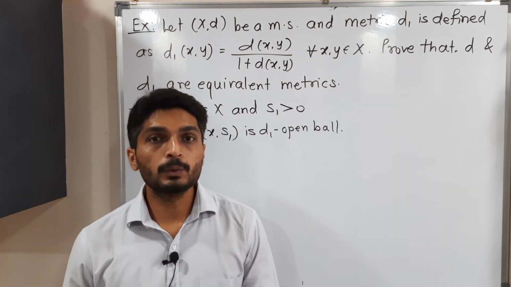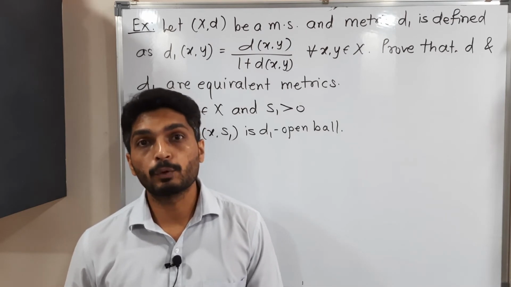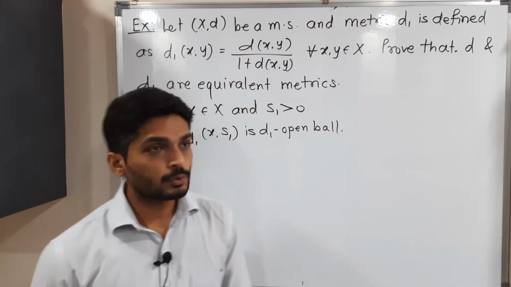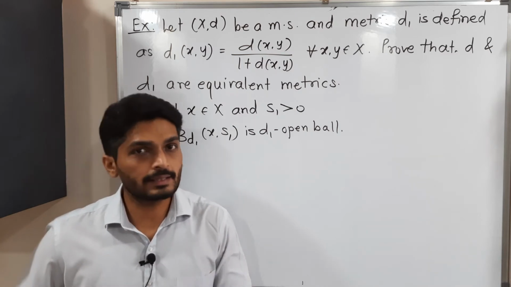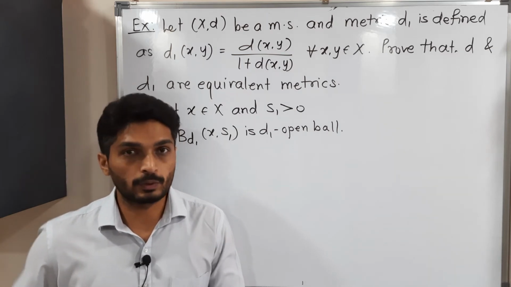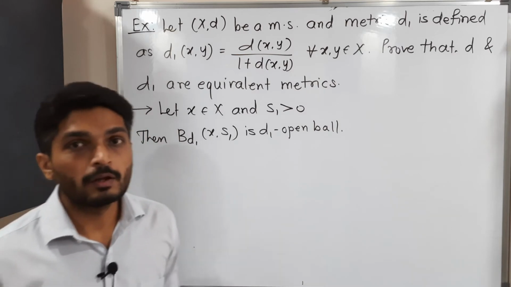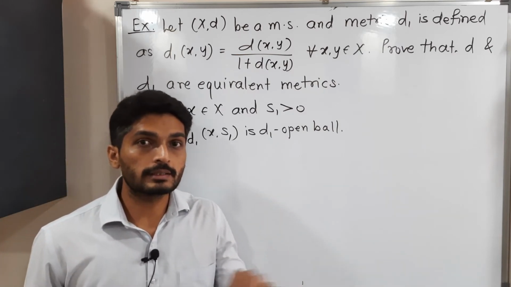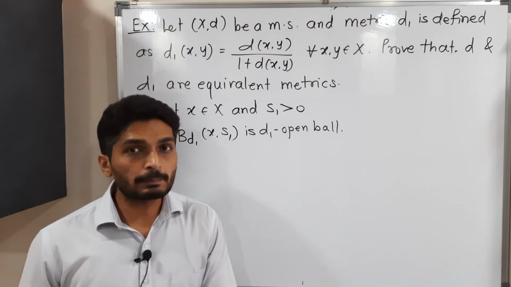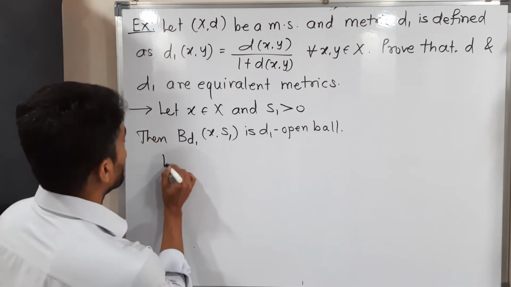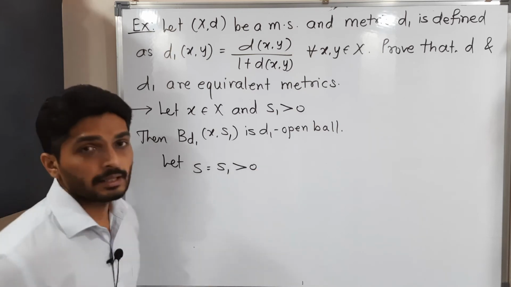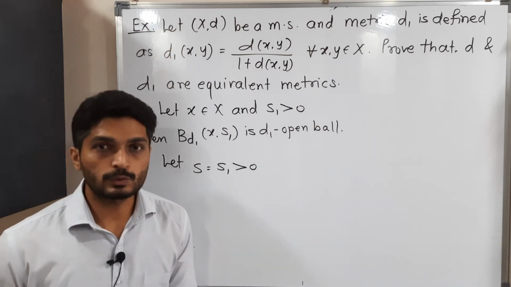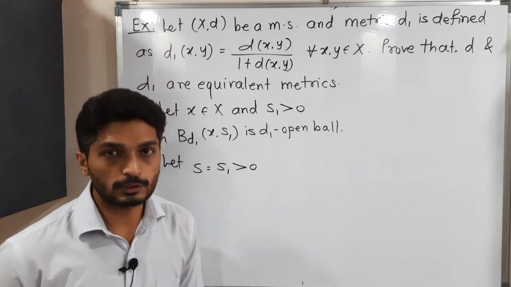Now we have to prove that every d1 open ball contains a d open ball. Here I have considered one d1 open ball by selecting one point x and radius s1. This is our d1 open ball. We have to prove that this ball contains a d open ball. For that purpose, I am going to select one radius s, same as s1. s1 is positive, so obviously s is also positive.